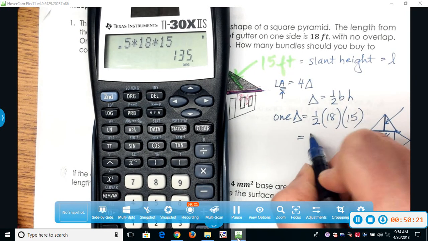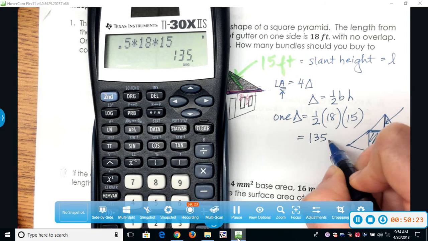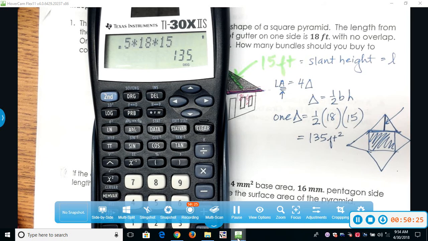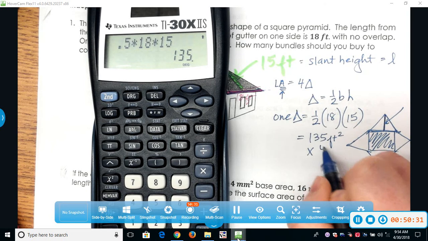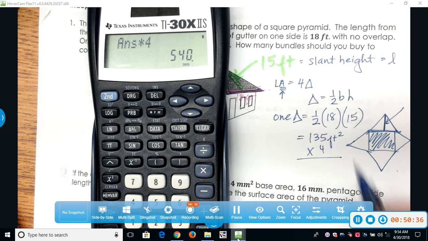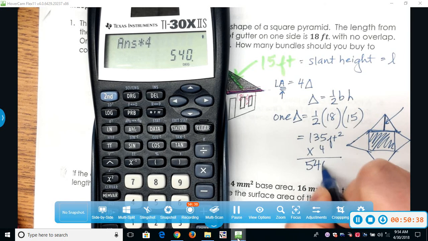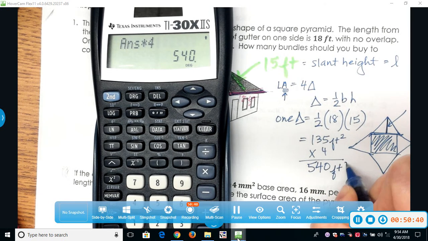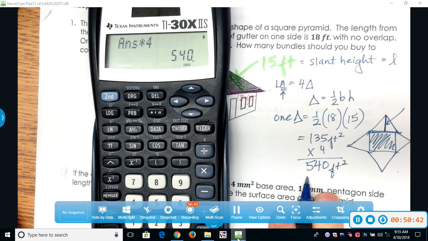The area of one triangle is 135 square feet. Again, I have 4 triangles, 1, 2, 3, 4, so I'm going to multiply this by 4. So the total area that I need to cover is 540 square feet.